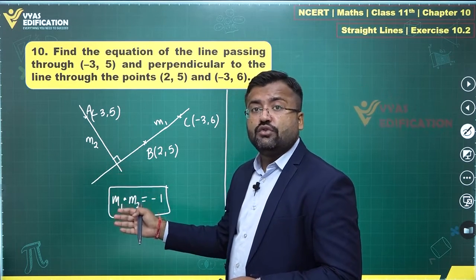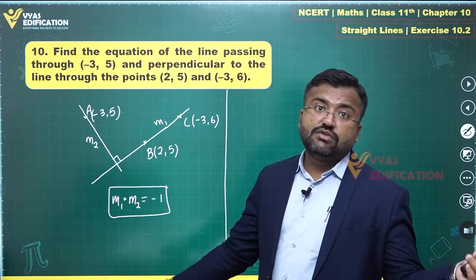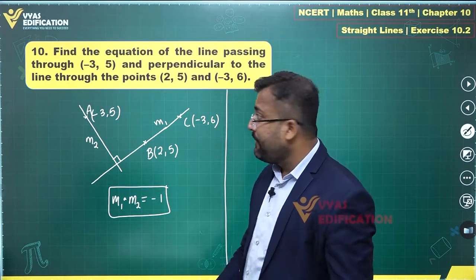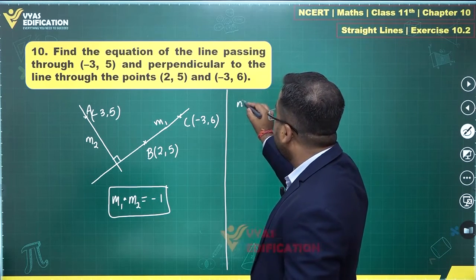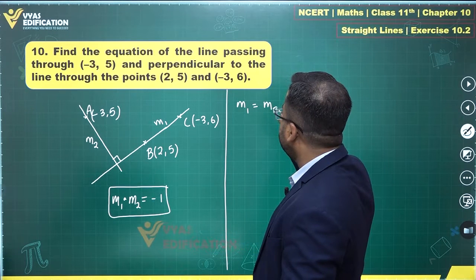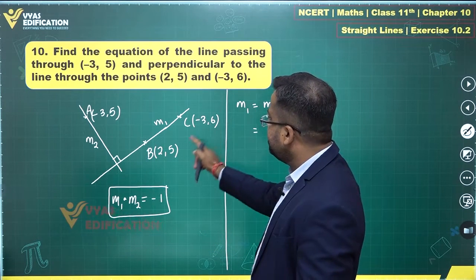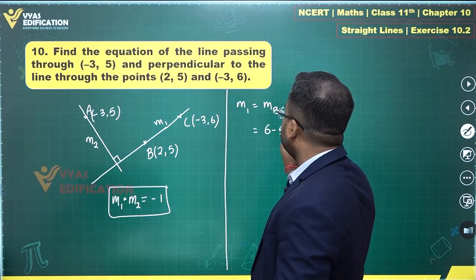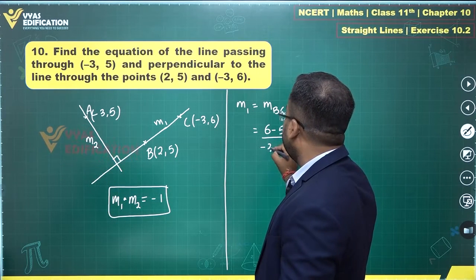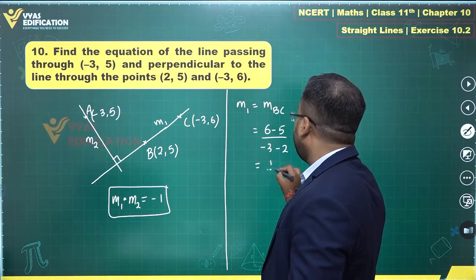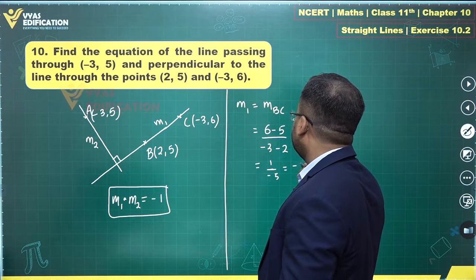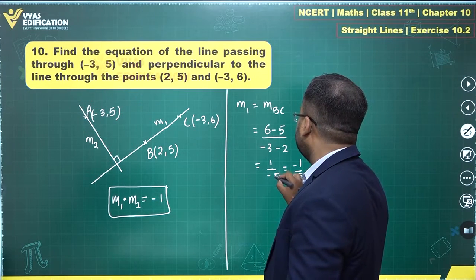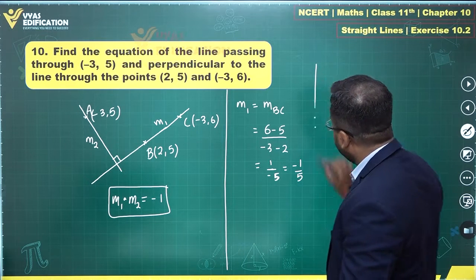If the slope becomes known, we can easily write the equation using point slope form. The slope m1 is actually the slope of this BC line, which is (y2 minus y1) upon (x2 minus x1), 6 minus 5 upon minus 3 minus 2. This is 1 upon minus 5, which is minus 1 upon 5. This is the slope m1.